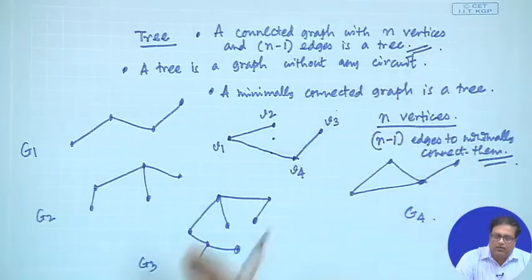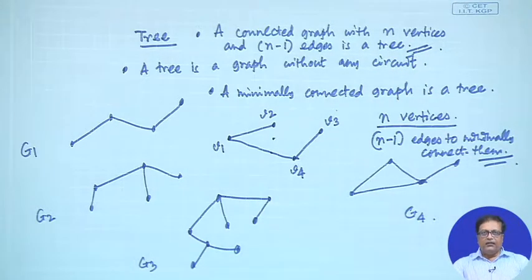This is another way you can define it, because as long as you have only n minus 1 edges with n vertices, it has no option but to become a tree, because it becomes minimally connected, and because it is minimally connected there cannot be any circuit.